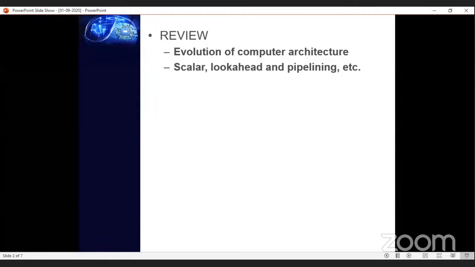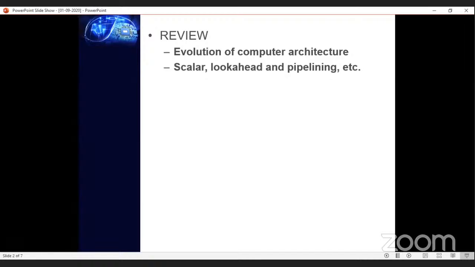Computers which are doing the process one by one, that means in a sequential manner, are called sequential computers. Computers which are doing more than one process, that means program, at the same time are called parallel. So by using the process, we can classify the computers.